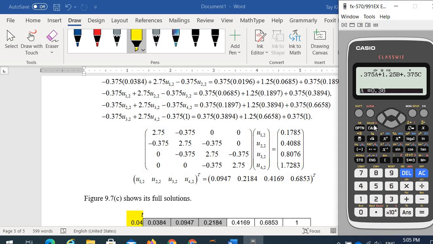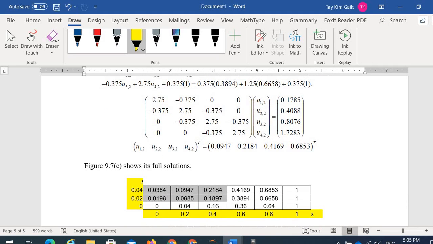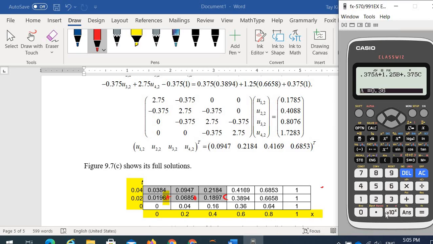So you calculate it now. A is here. This is A, this is B, this is C. So A is 0.0196, B is 0.0685, C is 0.1897. Okay, but this is not the value yet because of the top level.